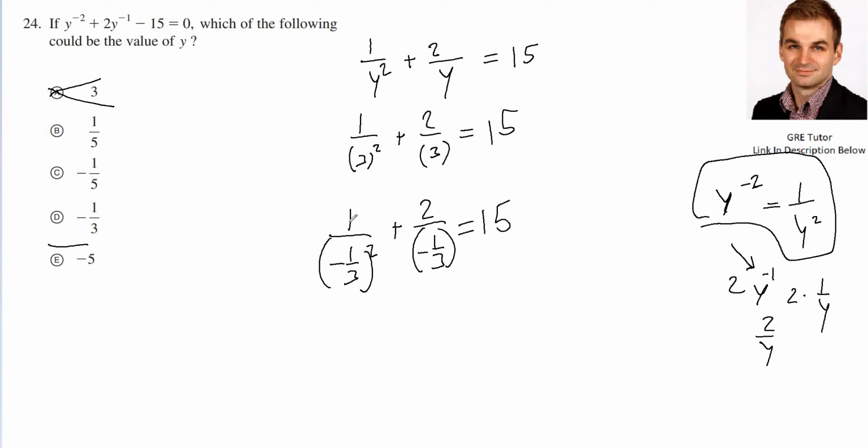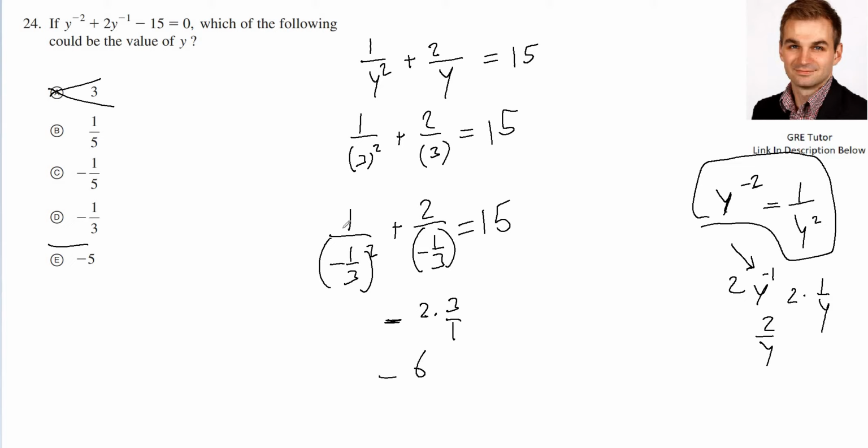Now this is going to be properties of exponents and algebra at this point. Whenever you divide by 1/3, it's the same thing as multiplying by 3, and then we just have to remember that negative. So it's going to become a negative, and it's going to flip. So 2 times 3 over 1, which is going to equal 6.